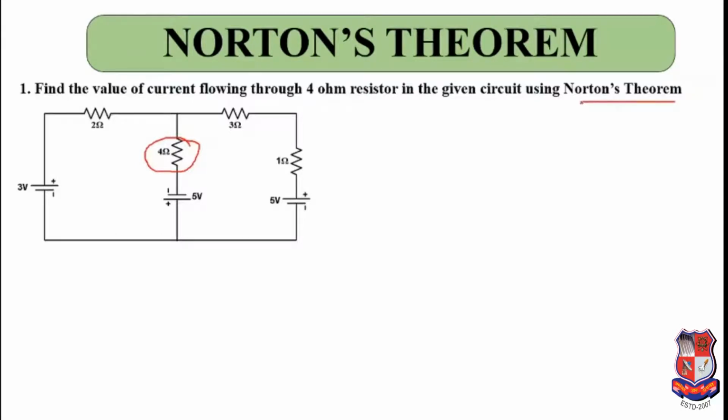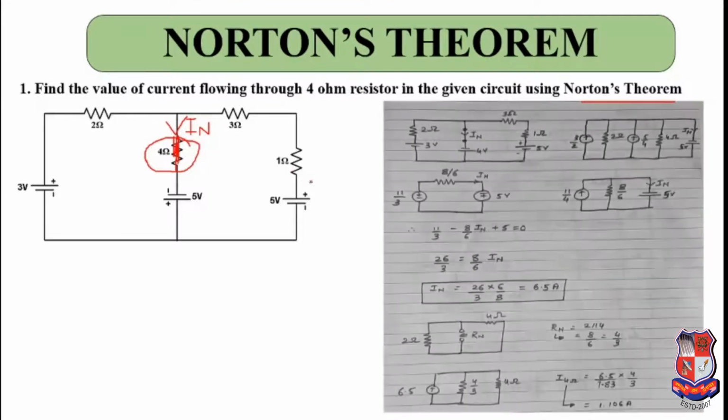Norton's theorem is simple: you just need to short circuit this and find Norton's current that will be flowing over here, and then open circuit this 4 ohms and find the equivalent resistance in this circuit. Then keep Norton's current value and the equivalent resistance value in parallel, and then in parallel to those two you have to bring this 4 ohms. So let us understand this.